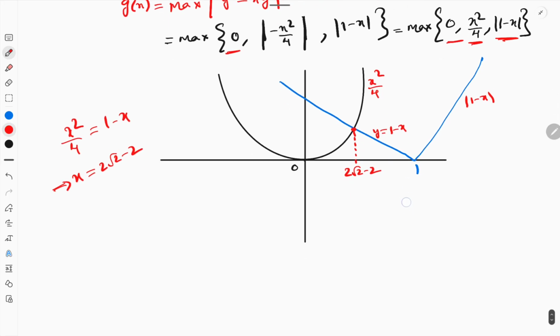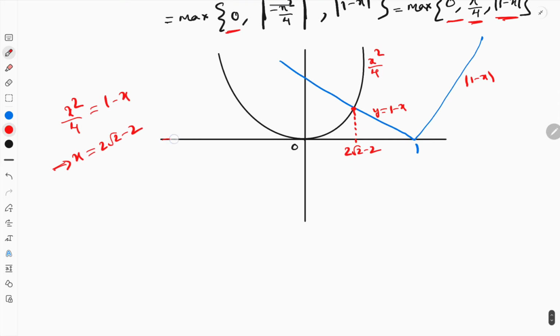So for the final graph on the x-axis, we need to take the maximum, right? Maximum means throughout the negative side, you have to take the graph of x square by 4 only.